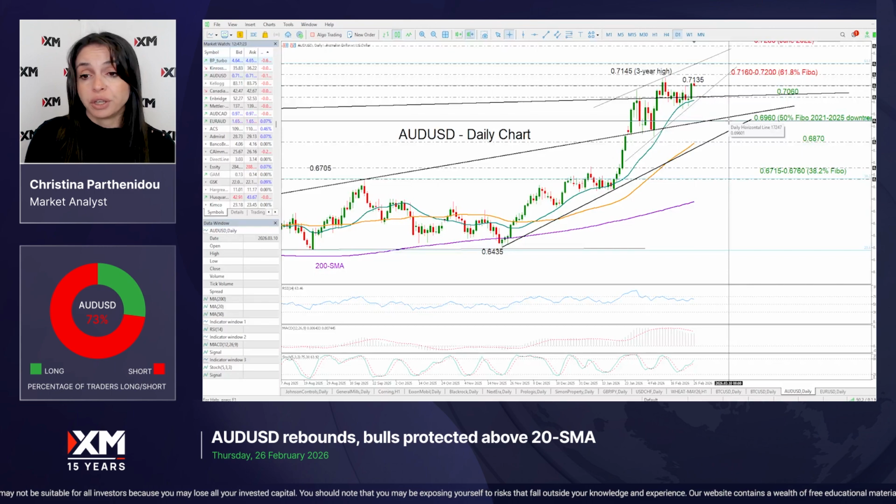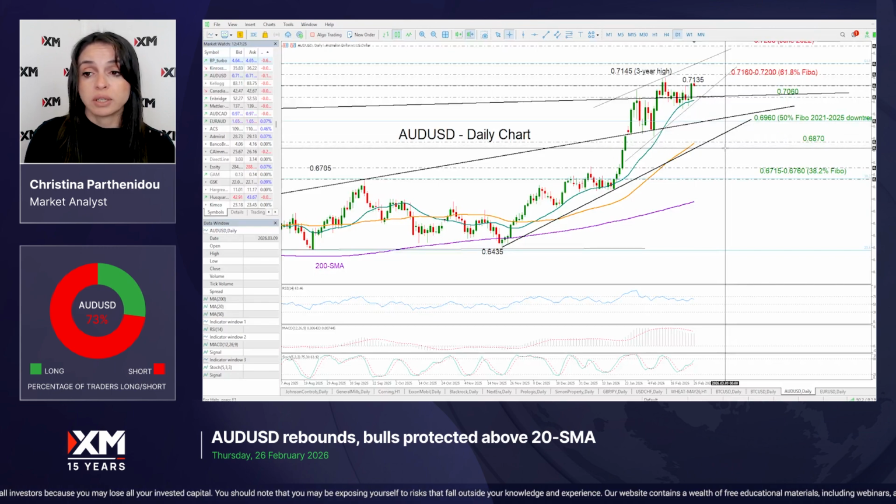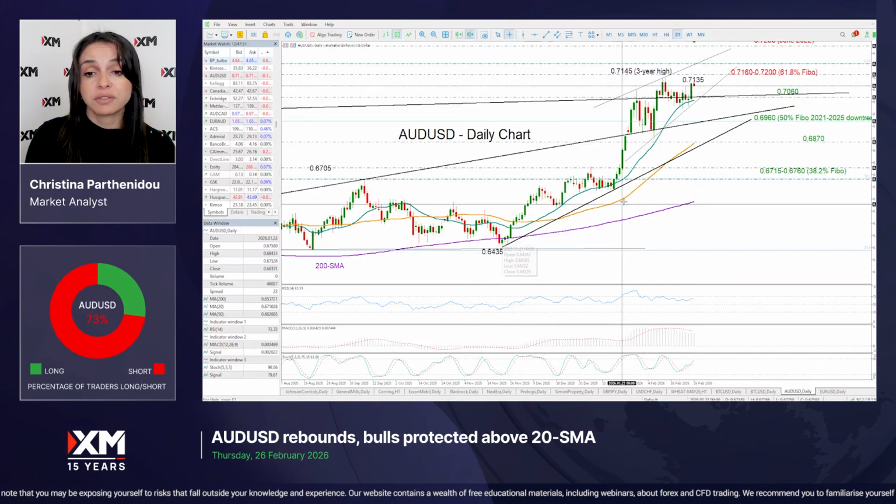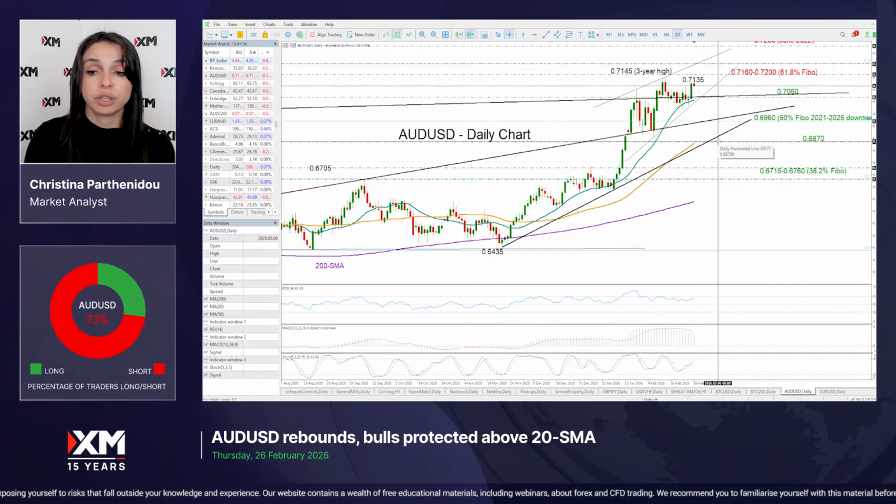Another violation here could take us lower to 0.6870 and closer to the 50-day moving average. There is a tentative support trend line passing through this region, so that could be a critical region to watch before we see another important bearish action.